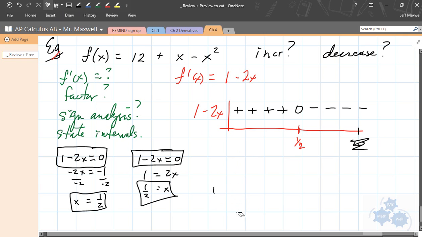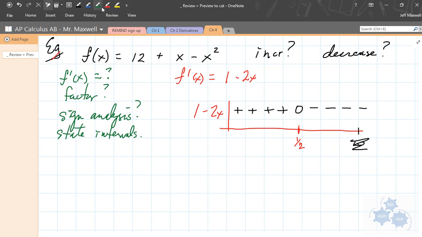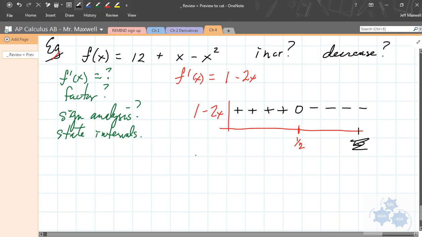In that case now, there's only one factor, so the derivative is positive here, it's 0 here, and it's negative over here. So it's increasing on what's the interval?